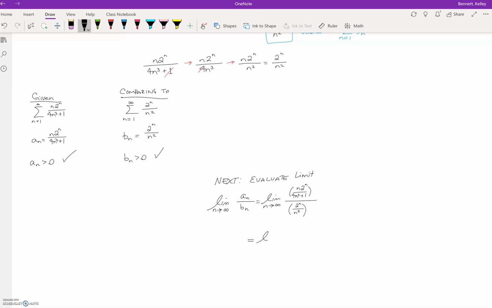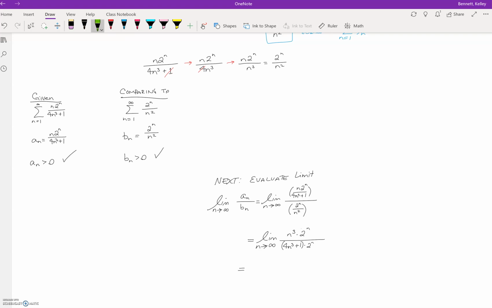I'll tidy this up a little bit. I'll get the limit as n goes to infinity of n cubed times 2 to the n on top. And then on the bottom, I'm going to get 4n cubed plus 1 times 2 to the n, right? So that will be on the bottom. And now I can do some cancellation here.